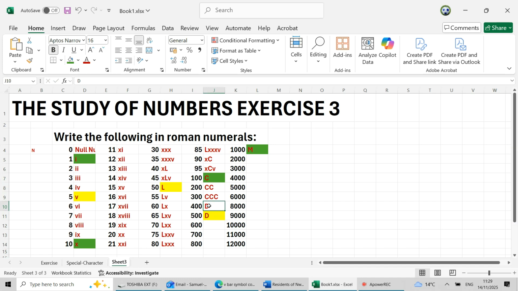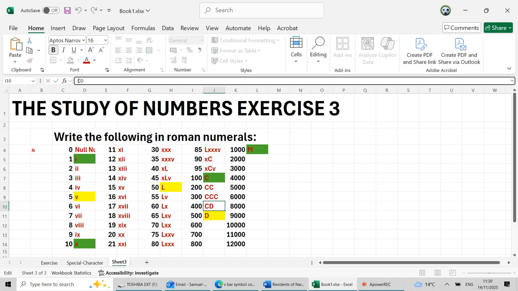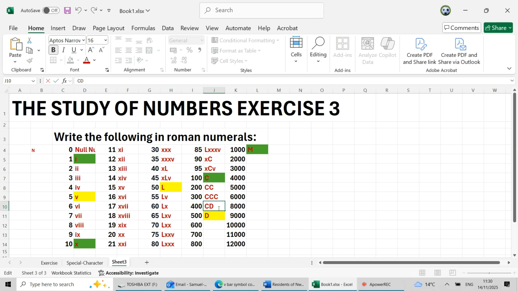So how do you go about that? Then 400 will say, okay, to make myself 400, I need to take 100 out of 500. And to do that, you just put C before 500. So CD is a way of writing 400. We are saying take away 100 from 500 in order to make 400, and that is CD.